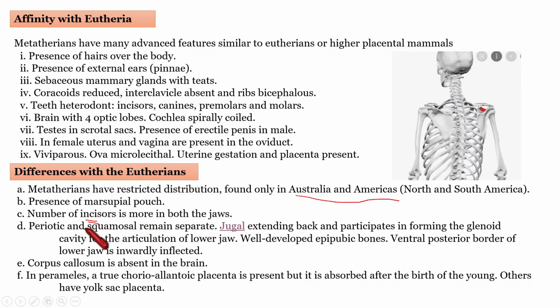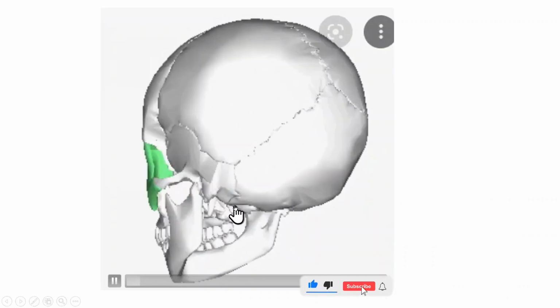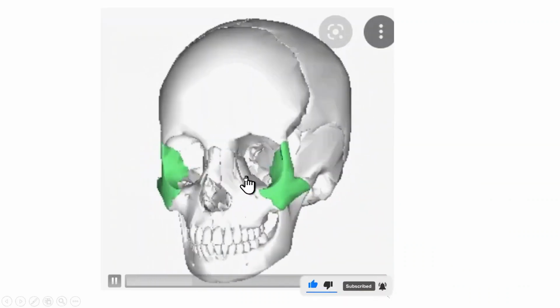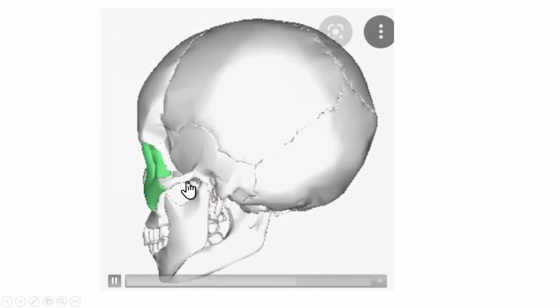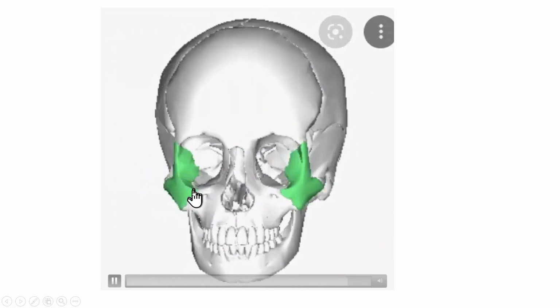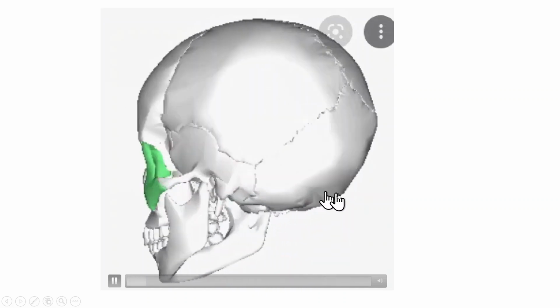Then regarding some bones, temporal bones, periotic and squamosal, they remain separate in the case of metatheria. It is not the same in eutherians. Then jugal bone. Jugal bone means, I will show you. Yeah, jugal bone is this bone. It extended backward to give a glenoid cavity to give attachment for the lower jaw.